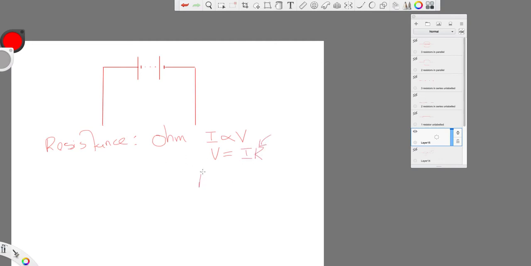So really, R, resistance, is the ratio of the PD across a component to the current through it. It's measured in ohms, and that's a lowercase ohms symbol, omega. So, those are our quantities.